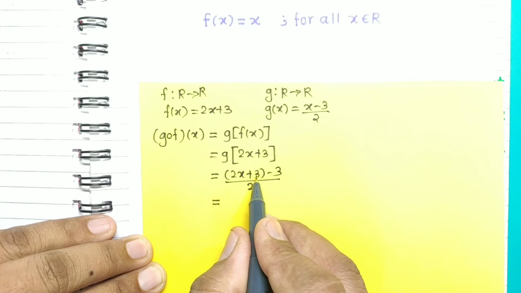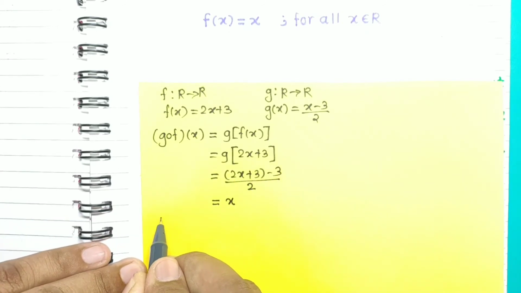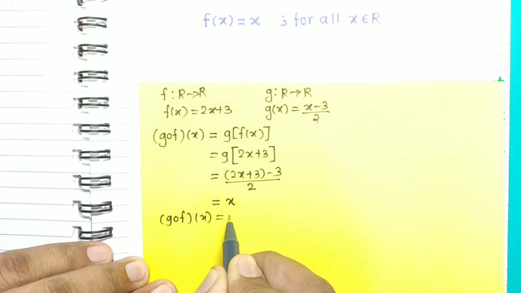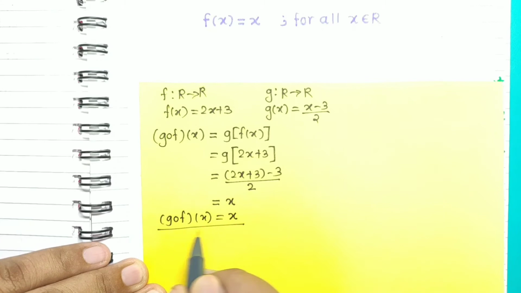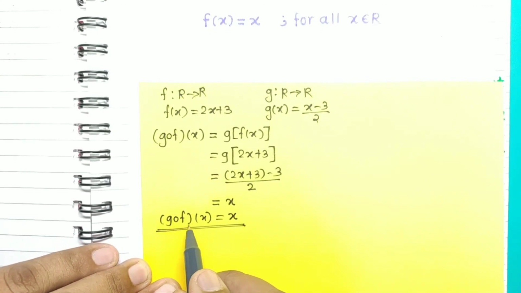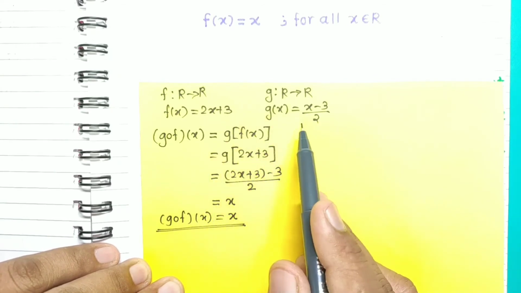The 3 gets cancelled, 2x upon 2, so this is just x. So we have gof of x is equal to x. Here you can easily observe that this gof function is the identity function.